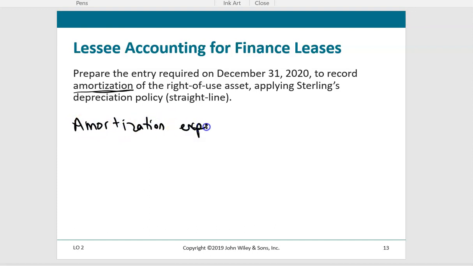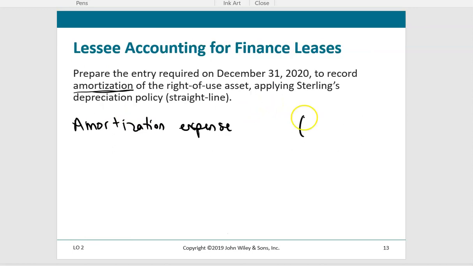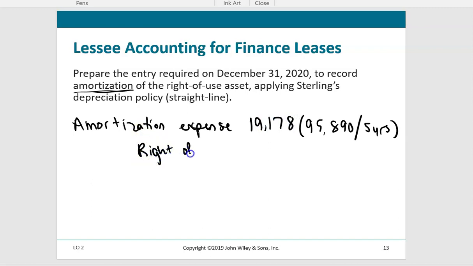The company uses the straight line method. We're taking the balance in that right of use asset, 95,890, and we're allocating that across 5 years. So amortization expense is 19,178. And we're reducing that right of use asset by 19,178.